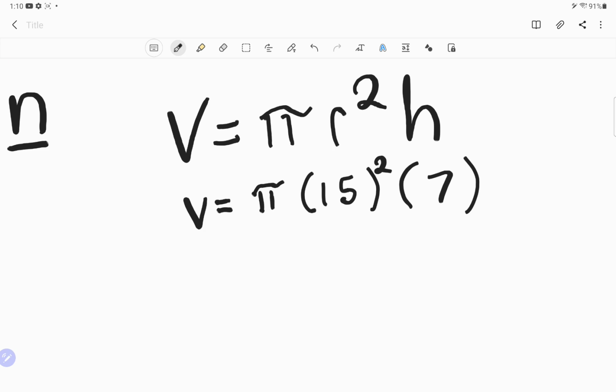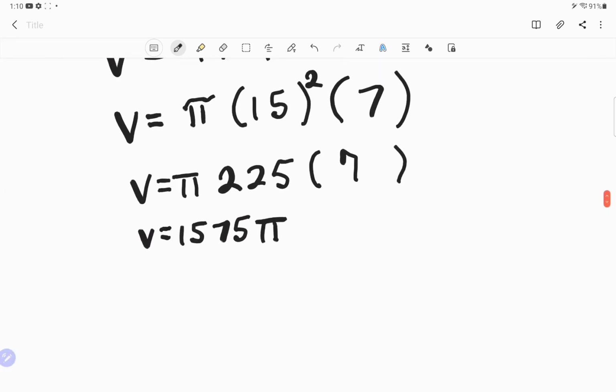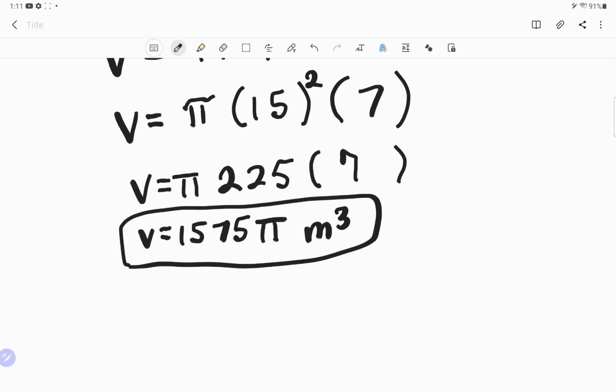This one's going to be a pretty big number. 15 squared should be 225, then times 7. 225 times 7, you're going to get 1,575 pi. And my units, I believe, were meters cubed. Okay, that's going to be meters cubed.